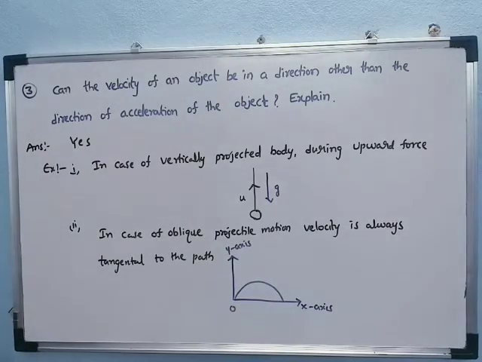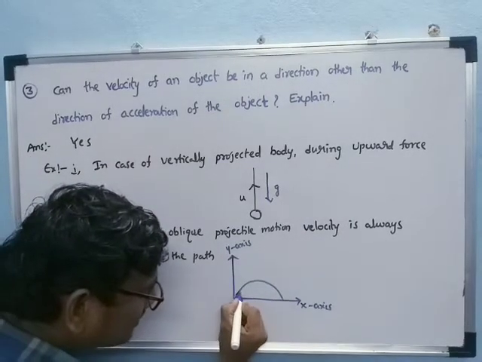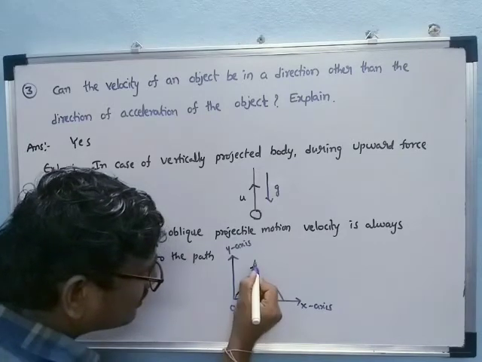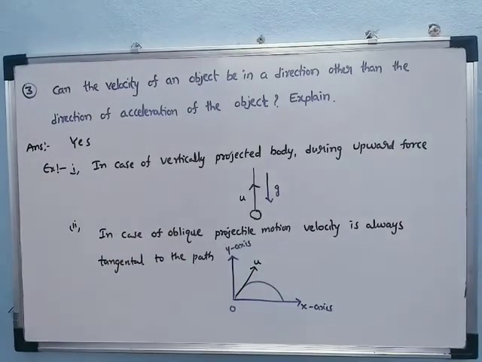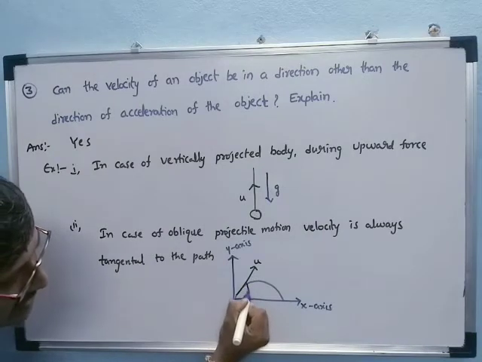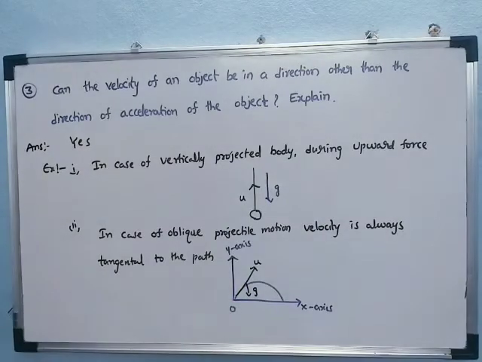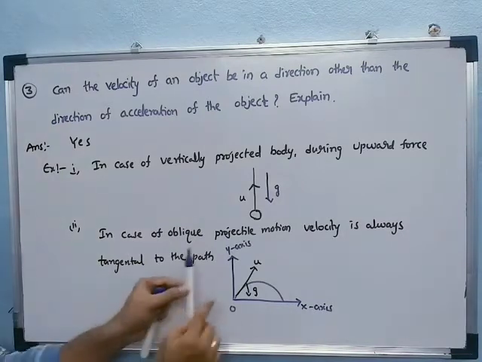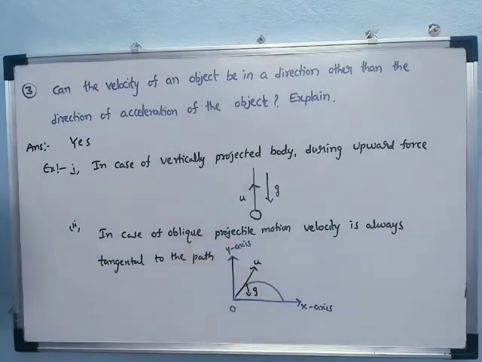The velocity acts along the tangent, but acceleration due to gravity is acting in a downward direction. The velocity is in the upward direction, but acceleration due to gravity acts downward.